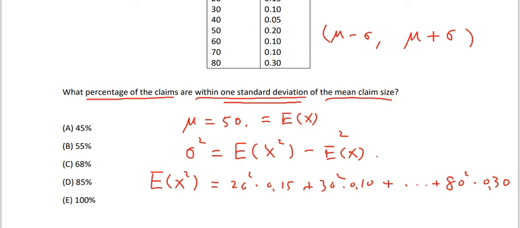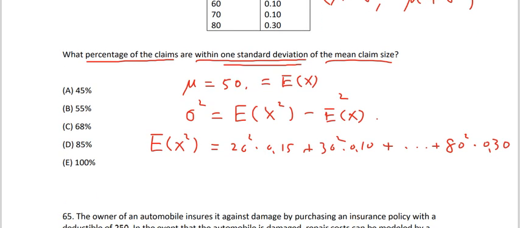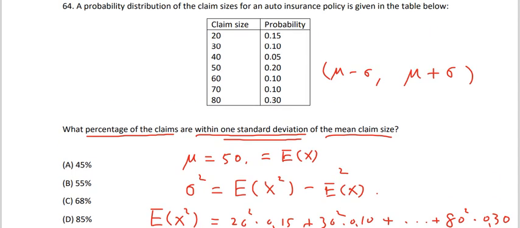Then you can find 50 minus sigma and 50 plus sigma, so you can find what range this is. I think it will be maybe in this range. So you can say 45%. Outside of 45% is inside 55%, like that.